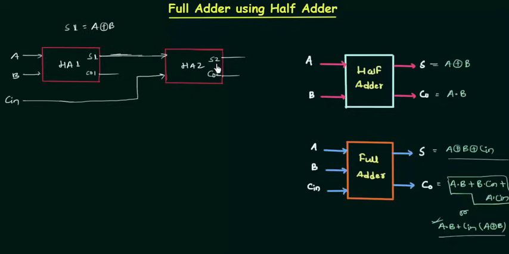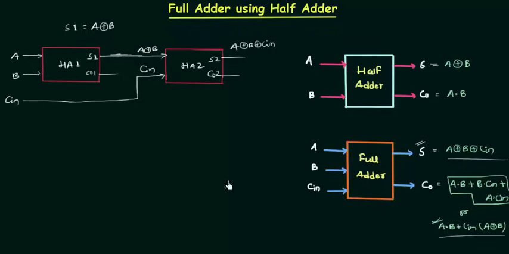So what about S2? This is A XOR B and this is Cin. So the S2 is going to be A XOR B XOR Cin, and this is nothing but the sum of the full adder.